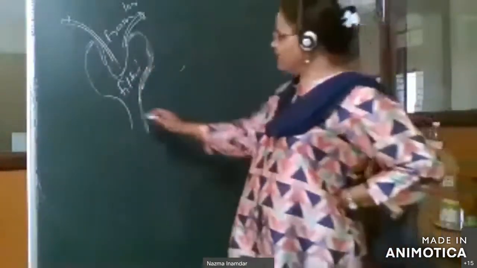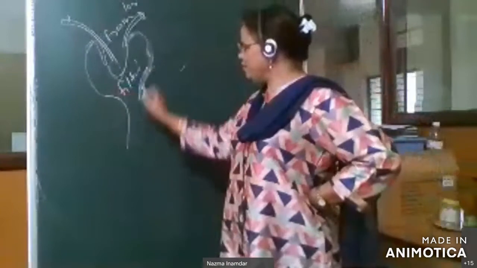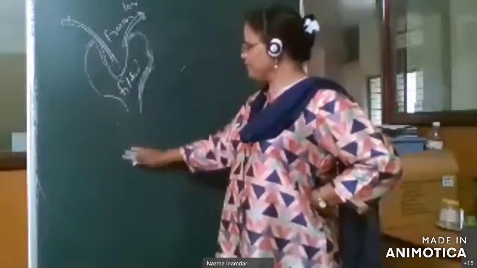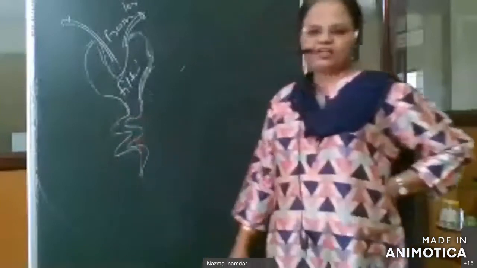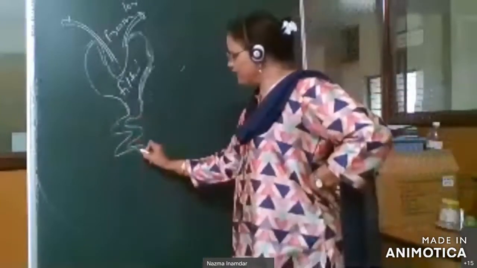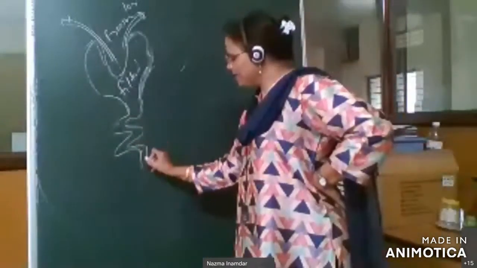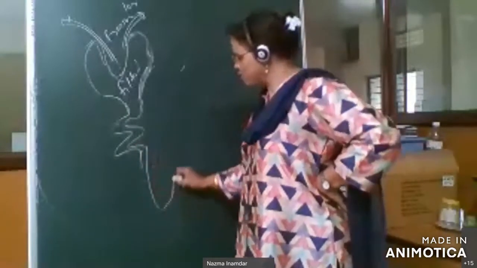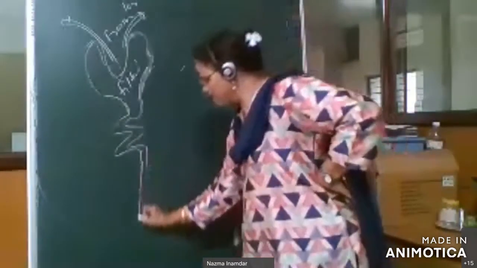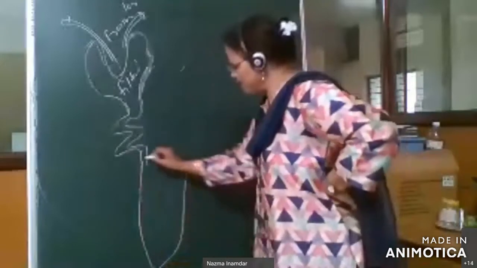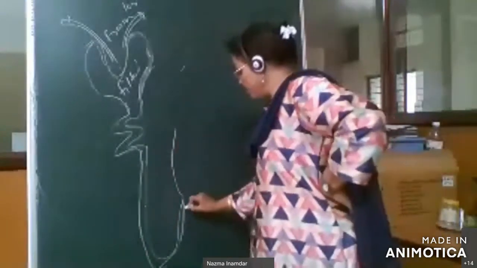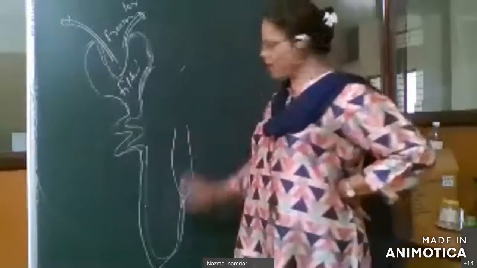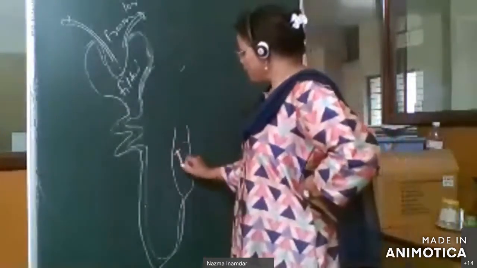Okay, now see this filter. Here you will have the proximal convoluted tubule. After the proximal convoluted tubule we get the loop of Henle. The loop of Henle will be something like this, and then here you get the bigger portion, which I will call thick.